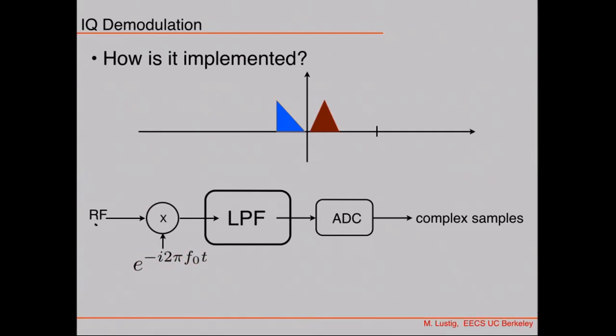Well, what is this composed out of? What is e to the minus j2π f0 t? Remember, what is it?